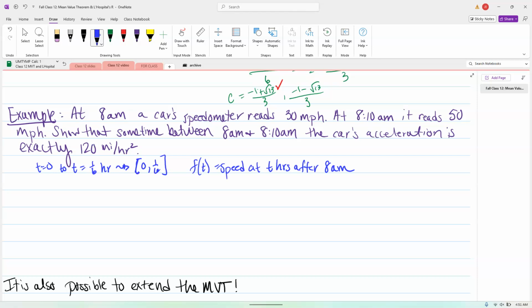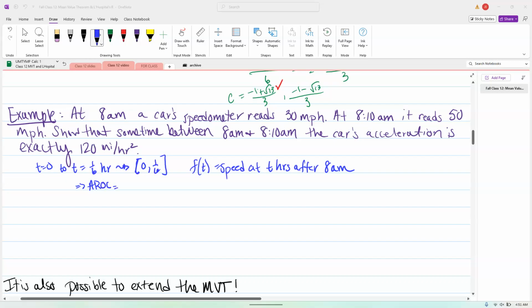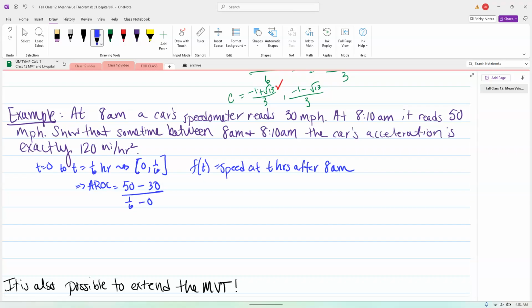So 30 and 50. If I look at the average rate of change, this would be 50 minus 30 over 1/6 minus 0. So this is 20 over 1/6, which is 120. There's our 120. So I calculated the average rate of change.